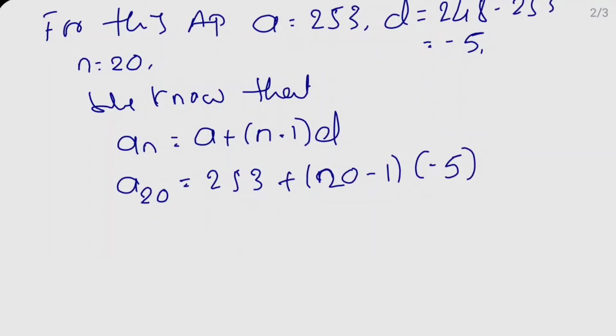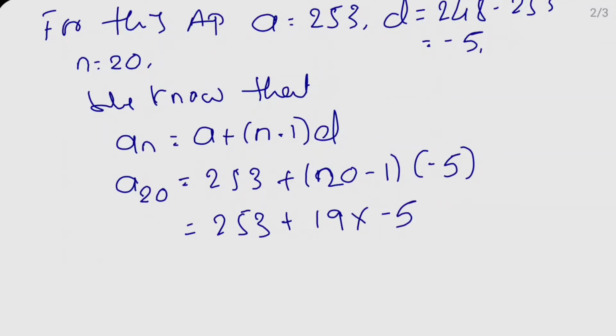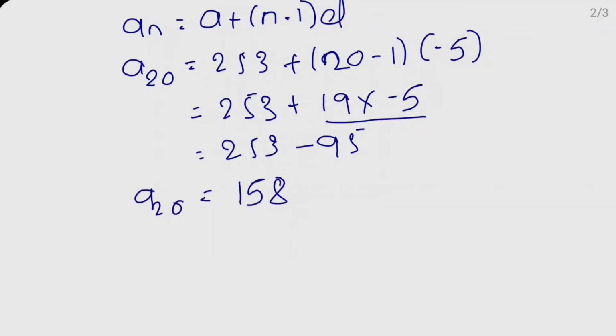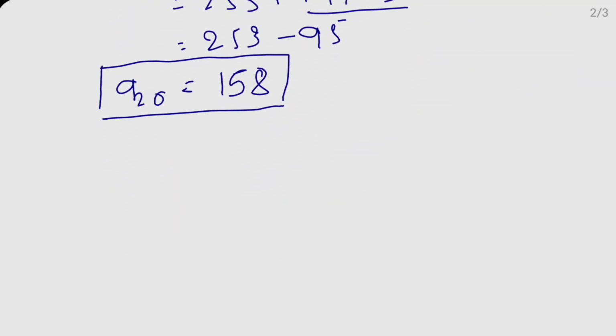Is it clear? So now 253 as it is. So 20 minus 1 is 19, into minus 5. And 19 into minus 5 we got minus 95. So here 253 minus 95 is 158. So a20 is 158. So write down the conclusion here.